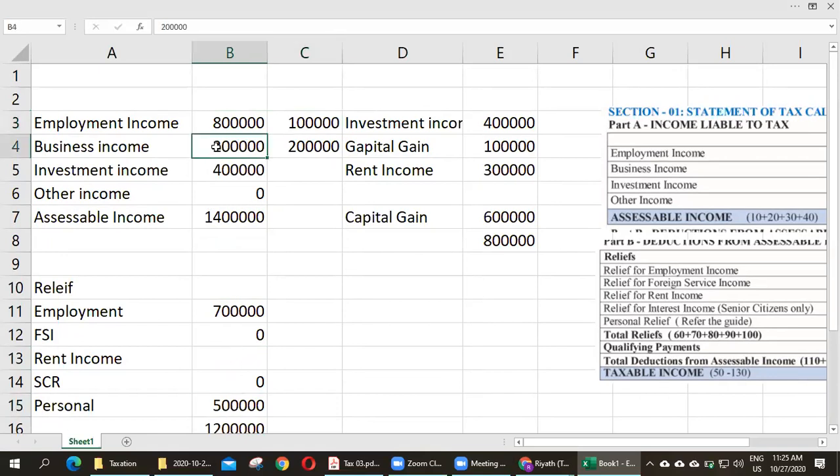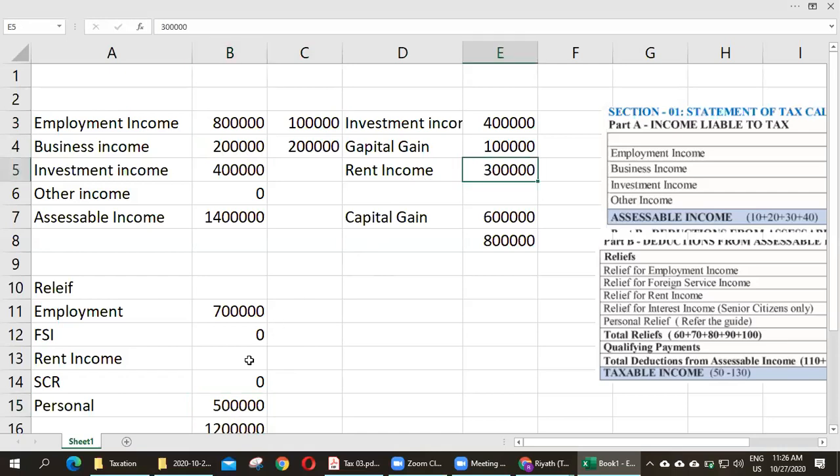And he is liable to get personal relief from this business income 200,000 and rent income 300,000. Business income 200,000 plus this 300,000. How much? 200,000 plus 300,000 equals 500,000. He already claimed relief for this rent income.